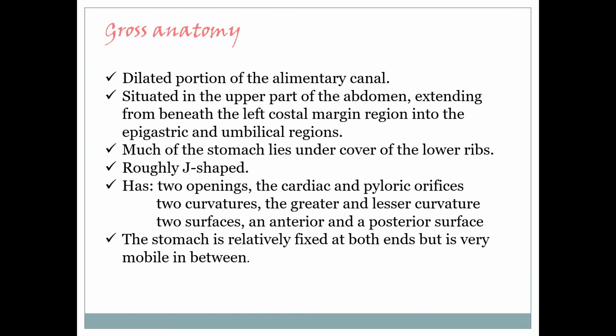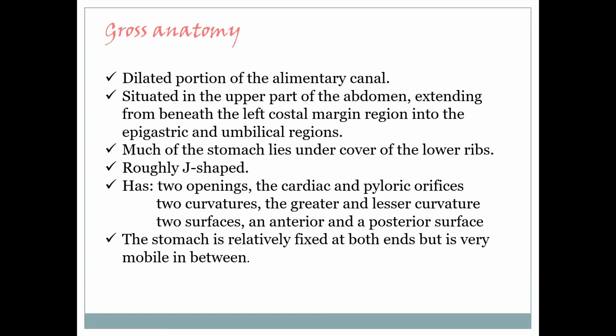When we discuss the gross anatomy, it is the dilated portion of the alimentary canal. So it is a dilated saccular and a bean-shaped portion situated in the upper left part of the abdomen, and it extends from beneath the left costal margin region into the epigastric and umbilical region.